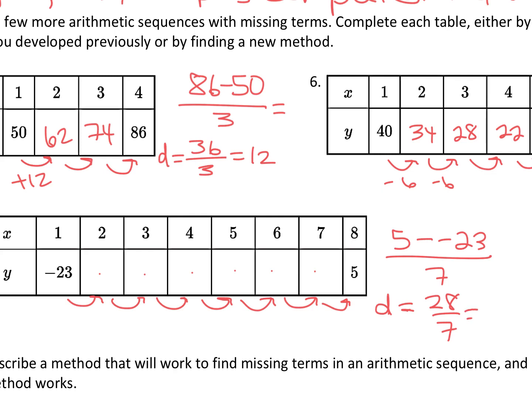So that turns into, I think it's 4. Does that sound right? We're adding 4. Well, let's test it, right? Let's fill it in and see if it works.